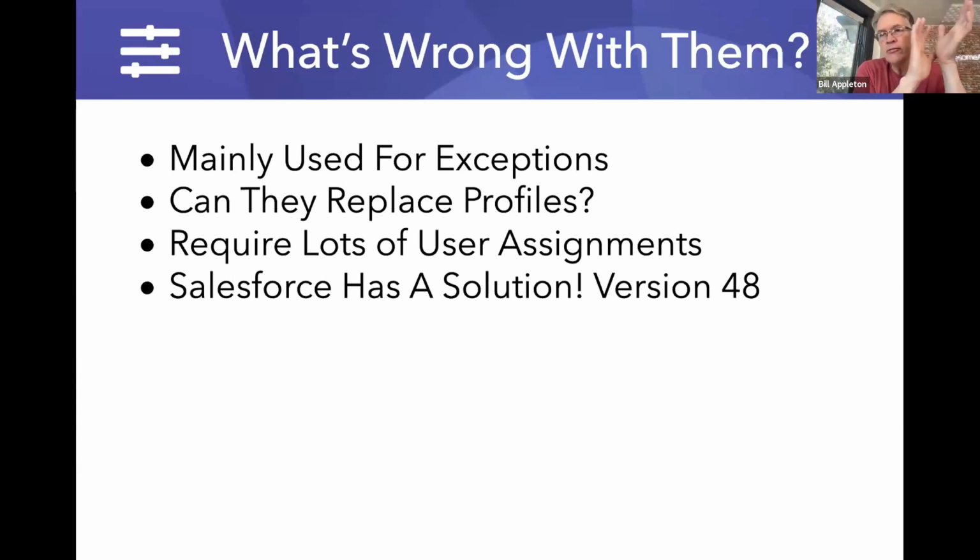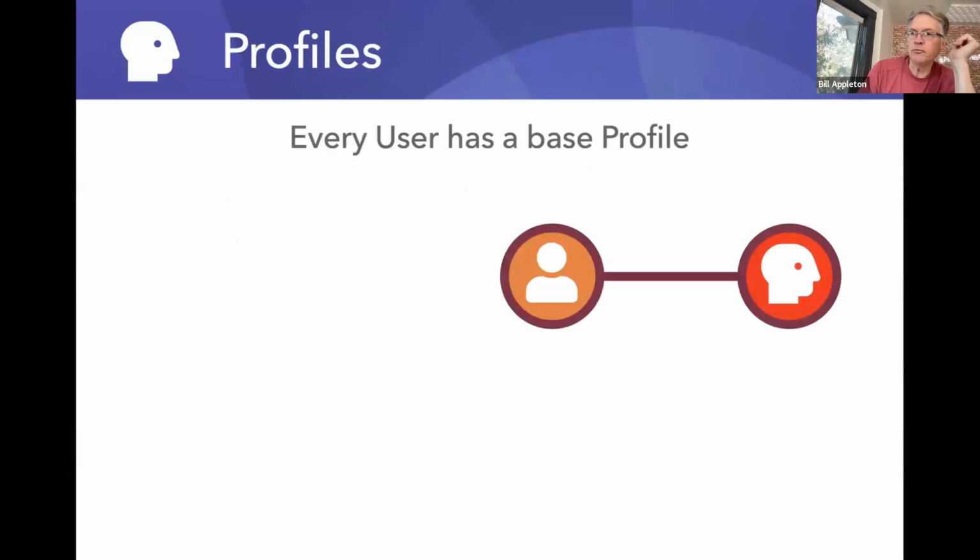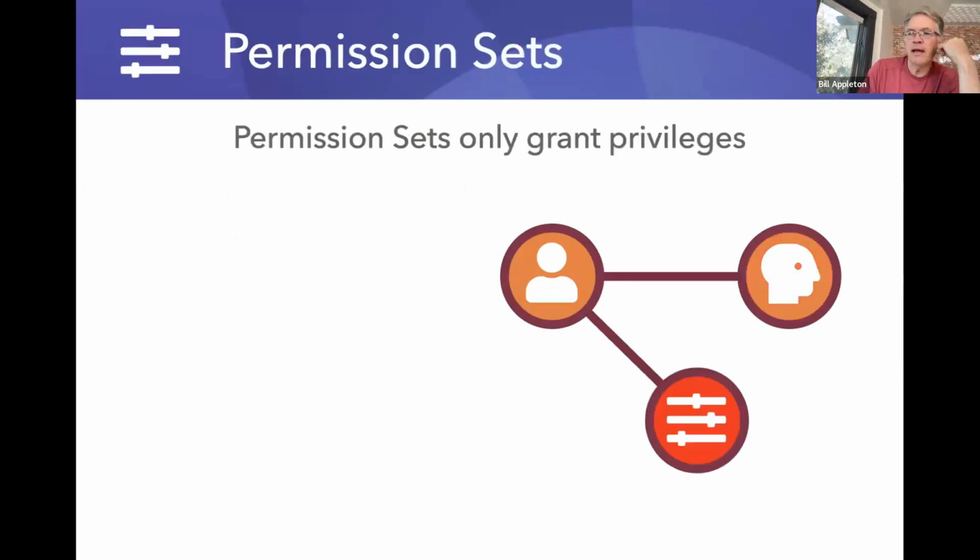And so to address some of these issues and to expand on this whole vision, Salesforce came out with permission set groups a couple years ago, and you may have heard of them. Here's how this changes the situation. In the beginning, every user had a base profile, and then they could be granted a permission set, which would expand their permissions.